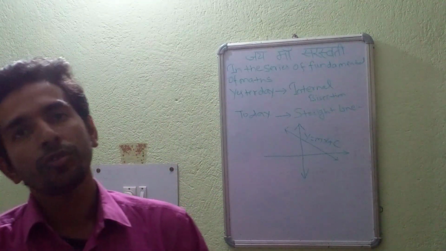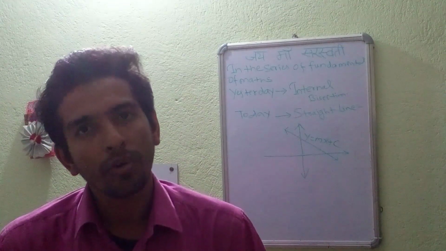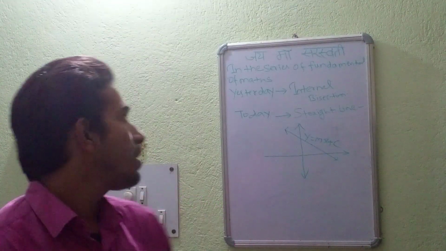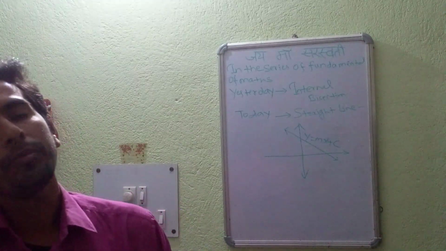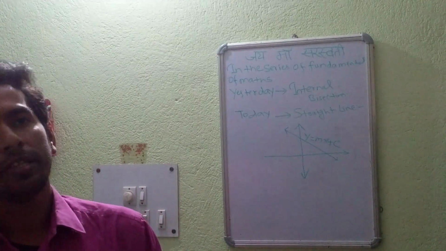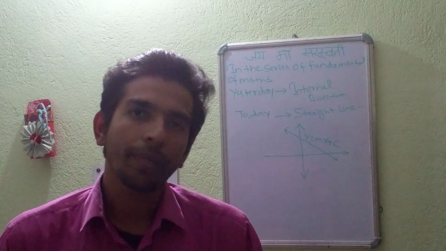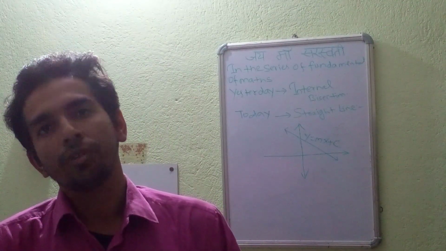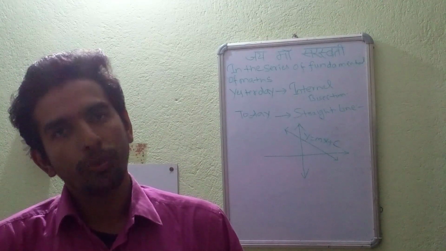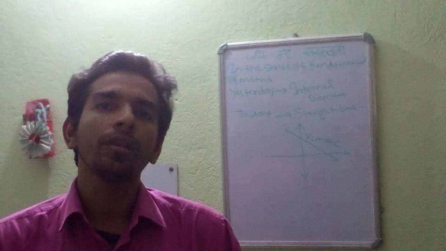So first and foremost, we will be discussing some of the important concepts associated with the straight line equation, and thereafter we will proceed a little bit slowly and achieve our target as soon as possible. There are many types of equations of the straight line, and based on those equations we transform into other equations.